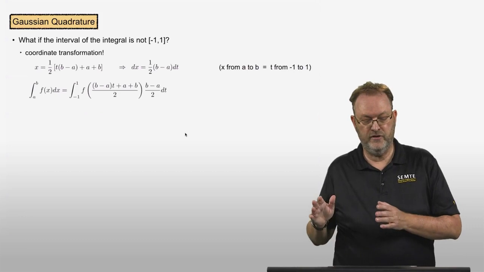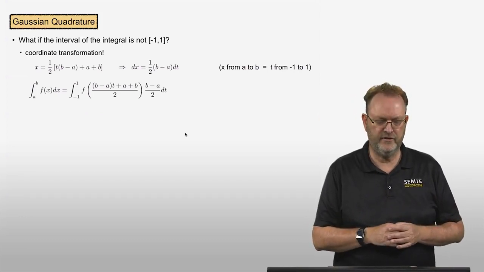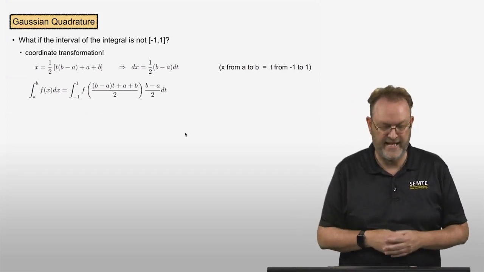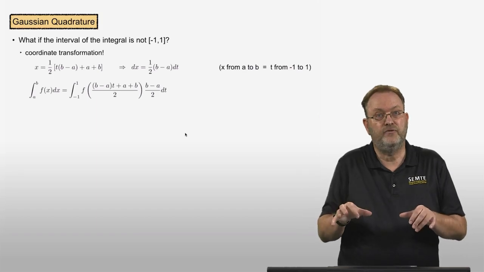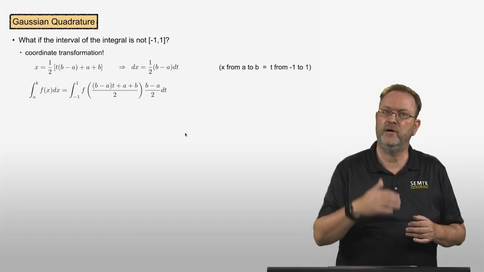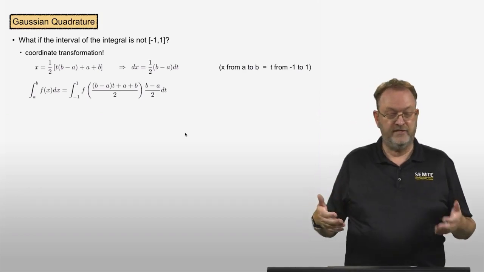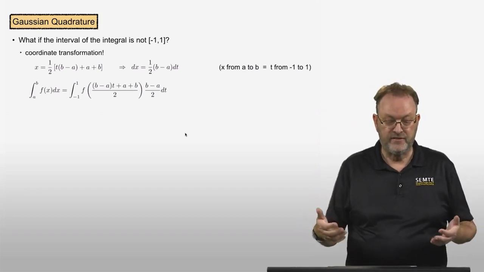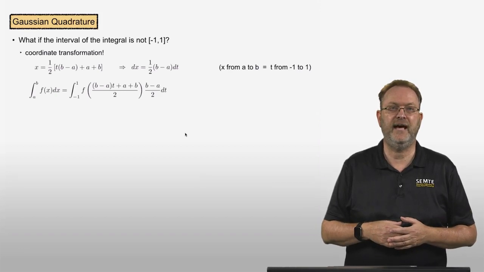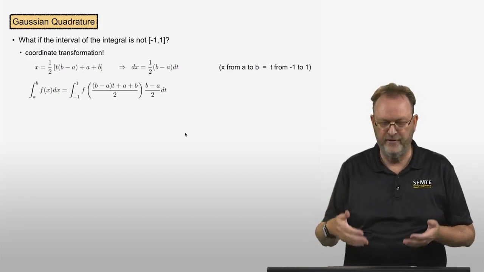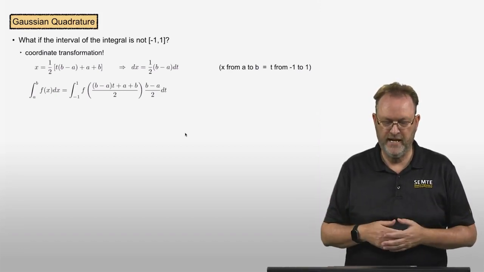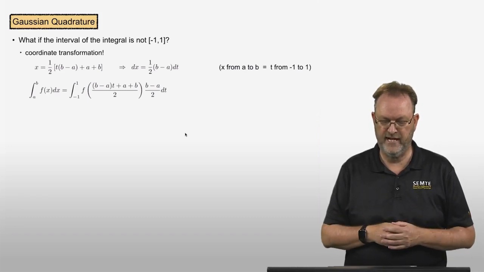If we use this definition in the original integral from a to b of f of x dx, we can coordinate transform this into an integral from -1 to 1 in dt, where now instead of evaluating at f of x, we have to evaluate at x equal to 1/2 t times b minus a plus b. That's where we have to evaluate the function f.